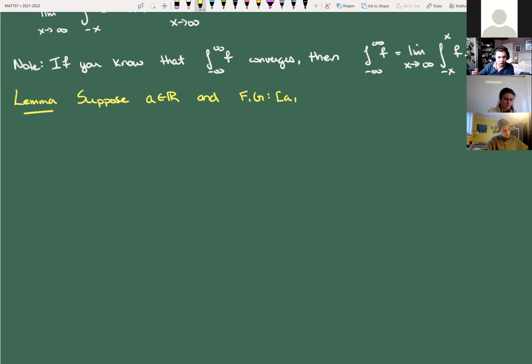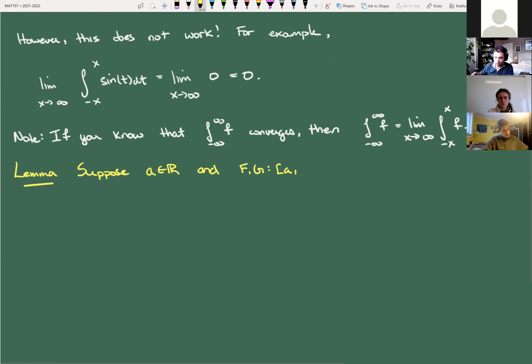Sine doesn't work because it's odd, right? And it definitely doesn't converge. So if you try and compute one of the one-sided limits, right? Like try and compute the limit as B goes to infinity of the integral from 0 to B of sine t dt.